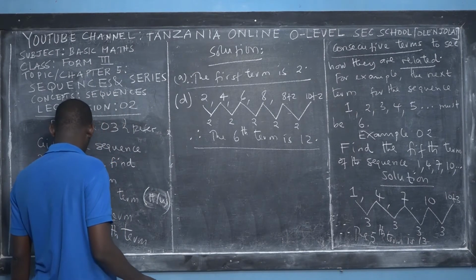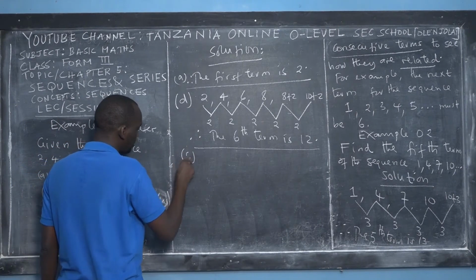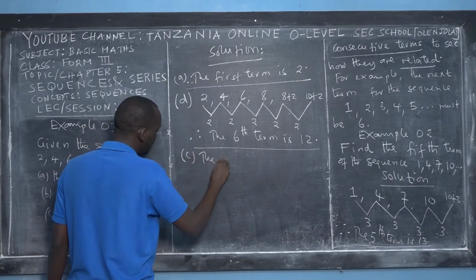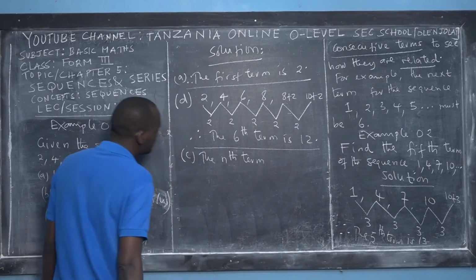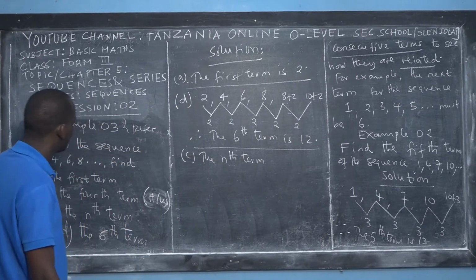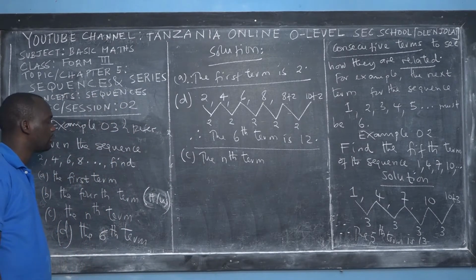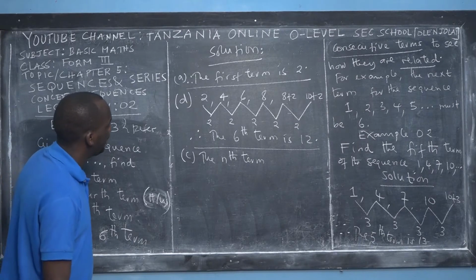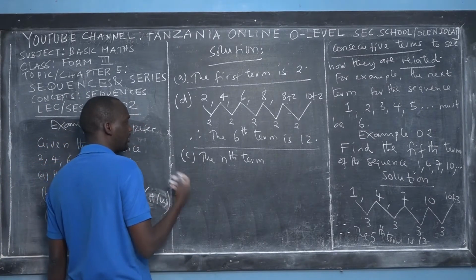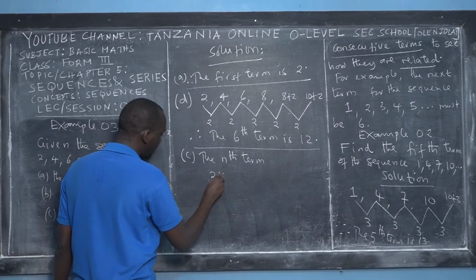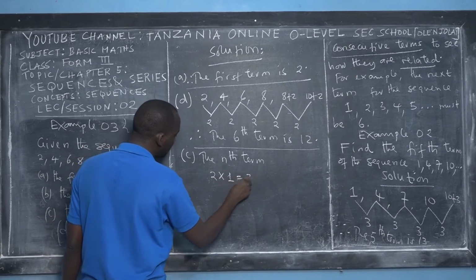So we go for Roman C. Roman C, we say the nth term. The nth term, we identify by using the particular pattern. And this is the pattern. For the nth term, you have to analyze the terms. For example, if you take the first term, 2 times 1, you get 2.